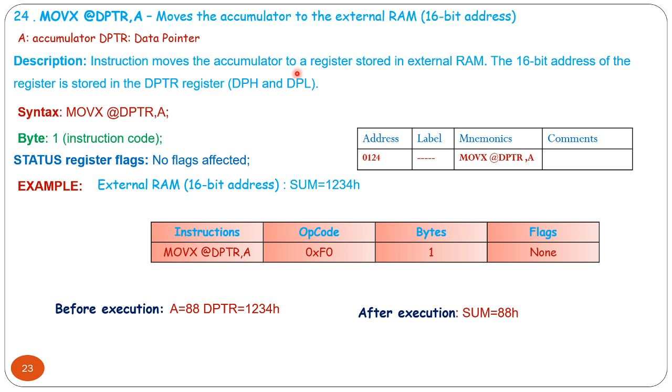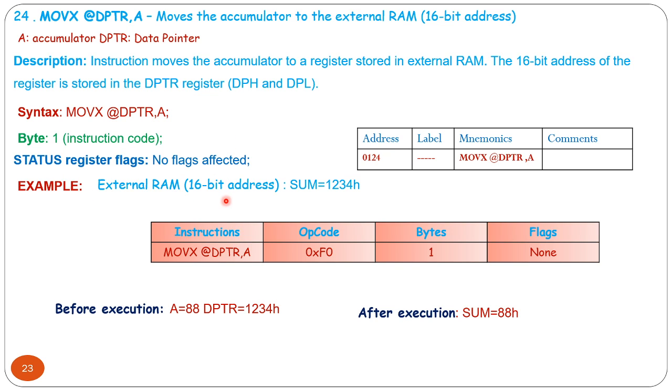The instruction moves the accumulator content to the register stored in external RAM, and the 16-bit address of the register is stored in DPTR. DPTR means data pointer higher byte and data pointer lower byte. The syntax of this instruction is MOVX @DPTR, A. The content of accumulator moves to the location addressed by DPTR, and no flags are affected.